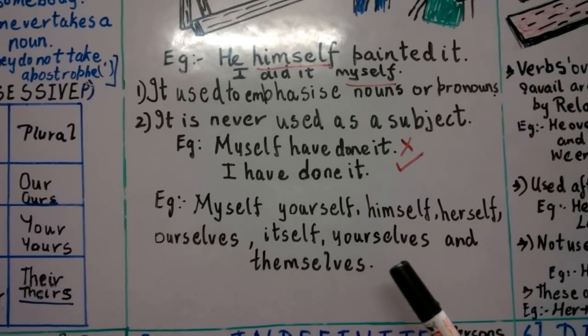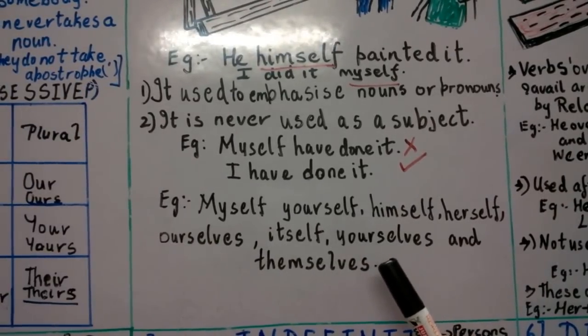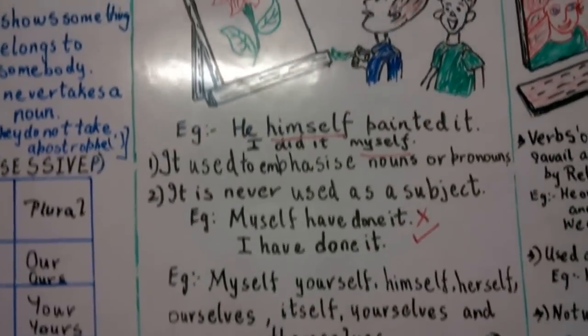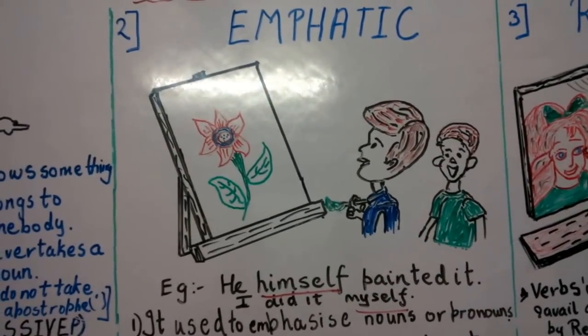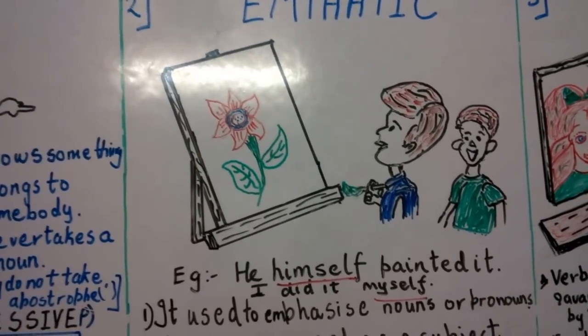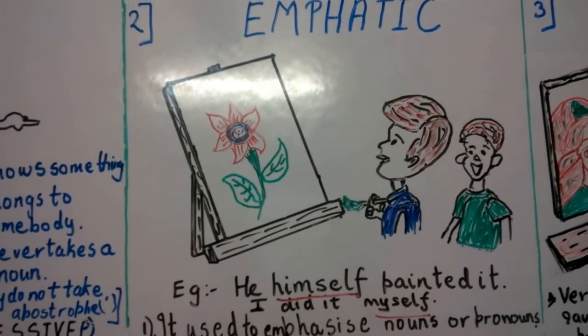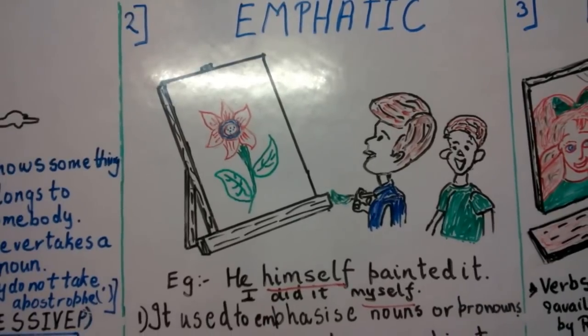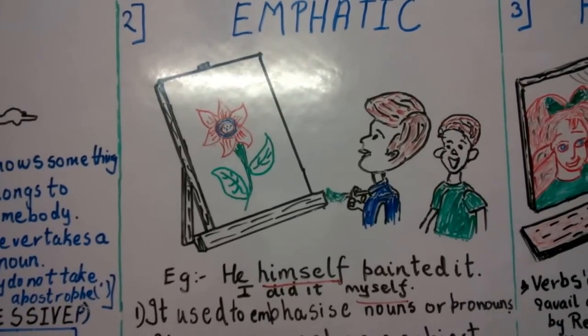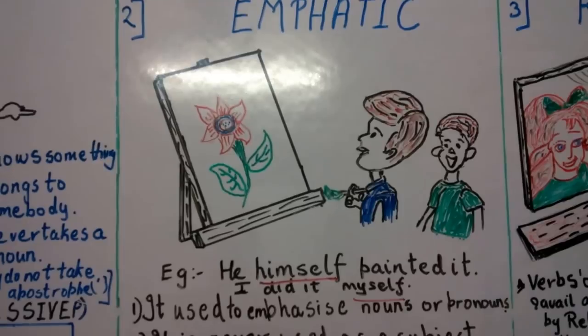Now let us see about the second pronoun, that is the emphatic pronoun. Emphatic means for the sake of emphasis. Here in the emphatic pronouns the meaning changes and the placement also changes.